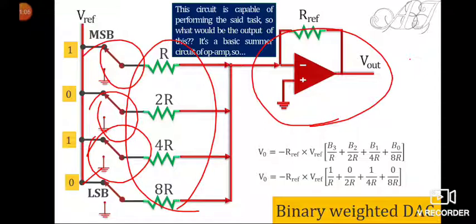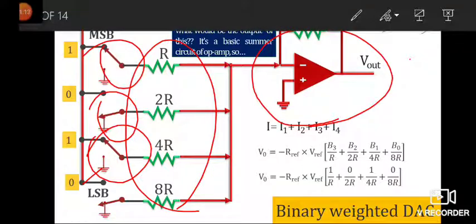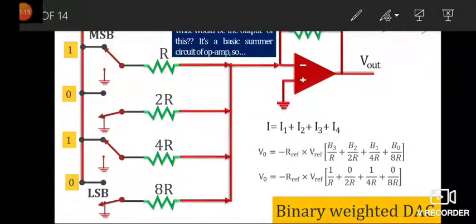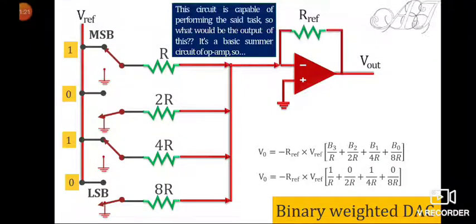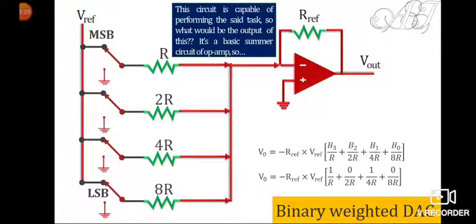Now let's say you want to convert this 1 0 1 0. Let's start from the beginning. Let's say you have to convert this information 1 0 1 0 into an analog signal.